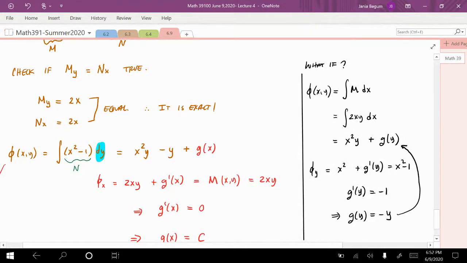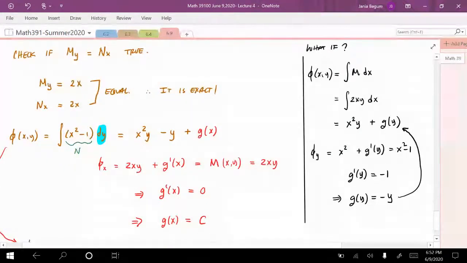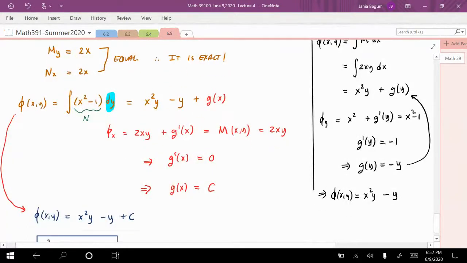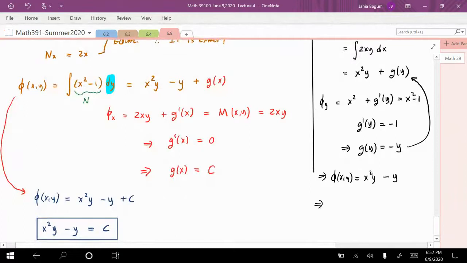That goes right there. So what is our phi? Well, we said that phi of xy is equal to x squared y minus g. Well, g is y. And phi is also a constant, right? So our final answer will just be x squared y minus y is equal to a constant.